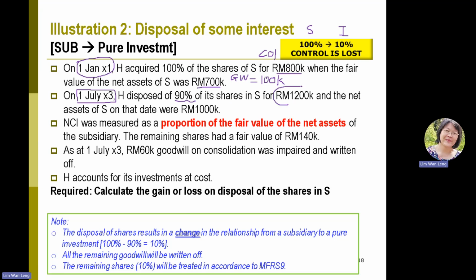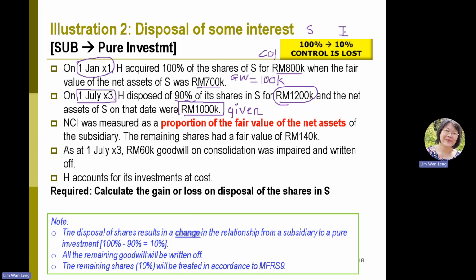And how much do you get when you dispose of? 1.2 million. So this is the proceed. And on that day, the fair value of the net asset was 1 million. So this figure is given to you. Okay, so of course we know that we crossed the 50% boundary.